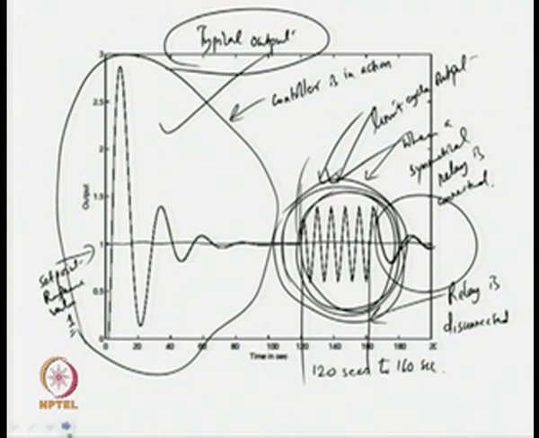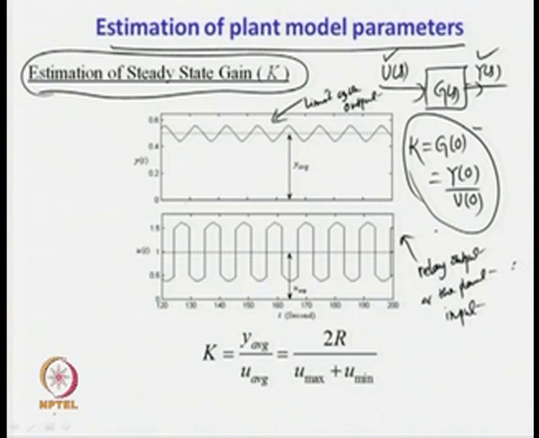When that is shown over here in some convenient form, I get the limit cycle output in this form. Now, what is the dotted line shown over here? The dotted line shows the reference input or the set point. So, we have got the oscillatory output superimposed over the reference input.